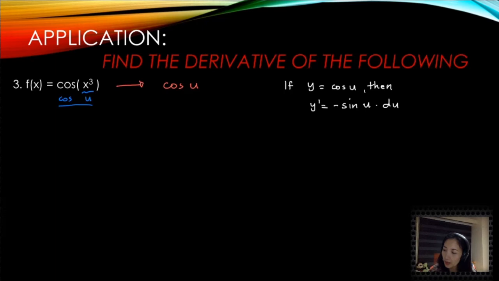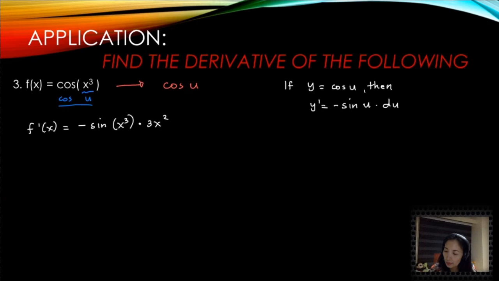Therefore, its derivative: f prime of x is equal to, here, what did we say? The derivative of cosine u is equal to negative sine u du. So f prime of x is negative sine of x cubed times the derivative of x cubed, which is 3x squared.